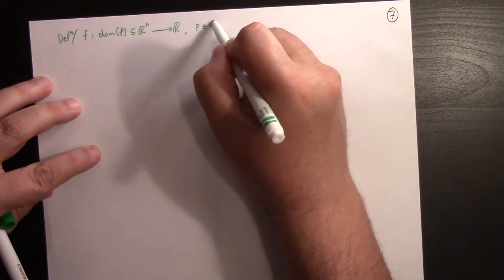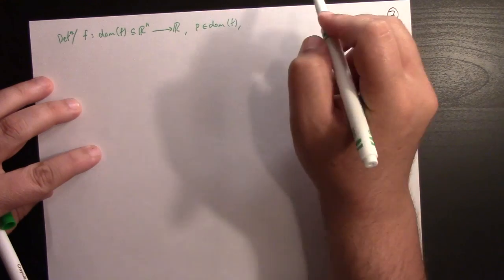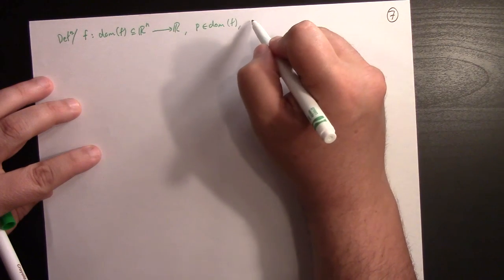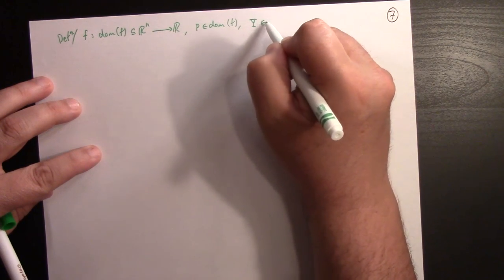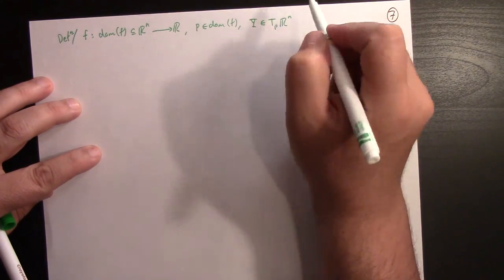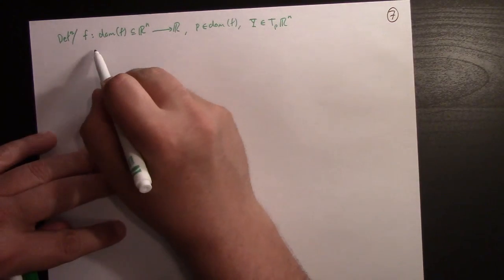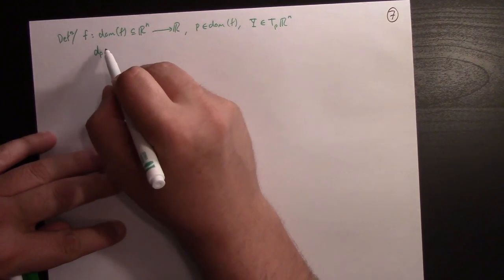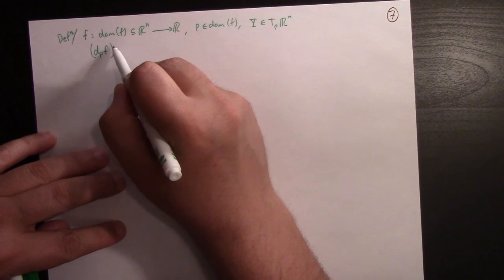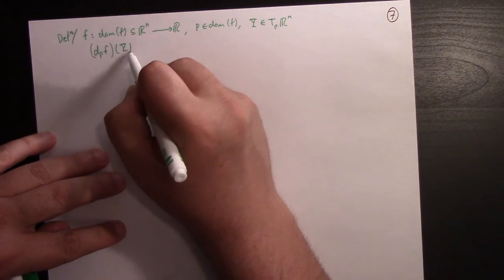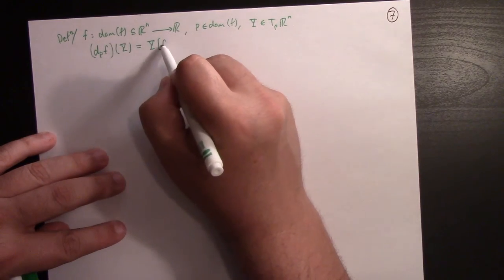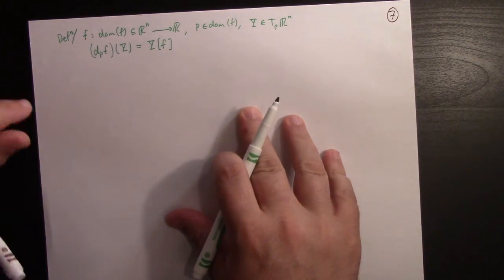Let P be an element of the domain of f, and let y be an element of the tangent space to Rn at P. Then the differential of f at P, when it acts on y, does so just by letting y act on f.